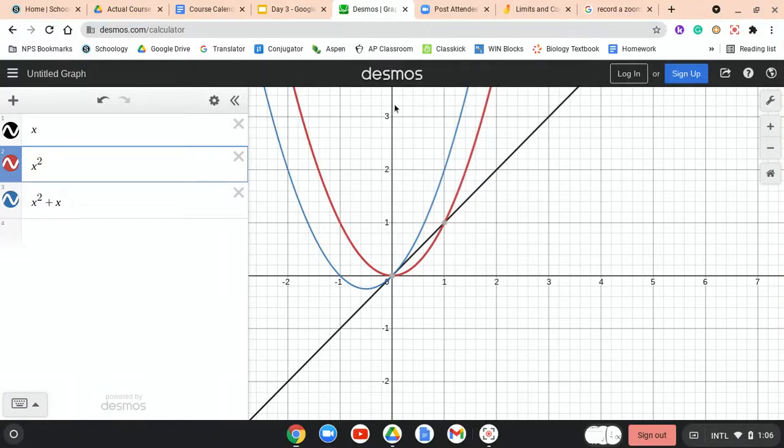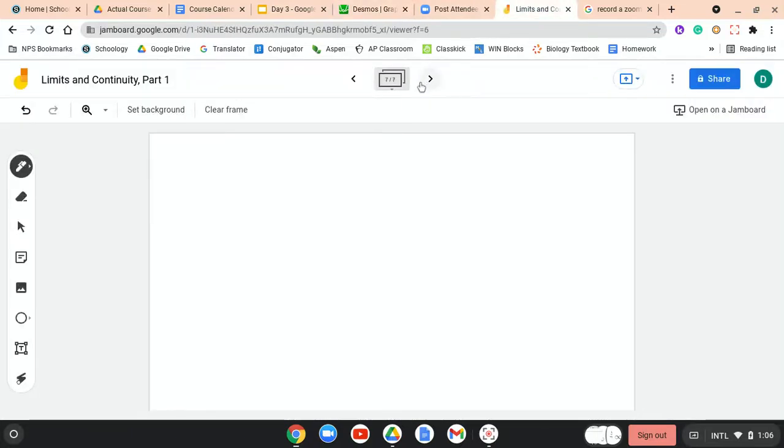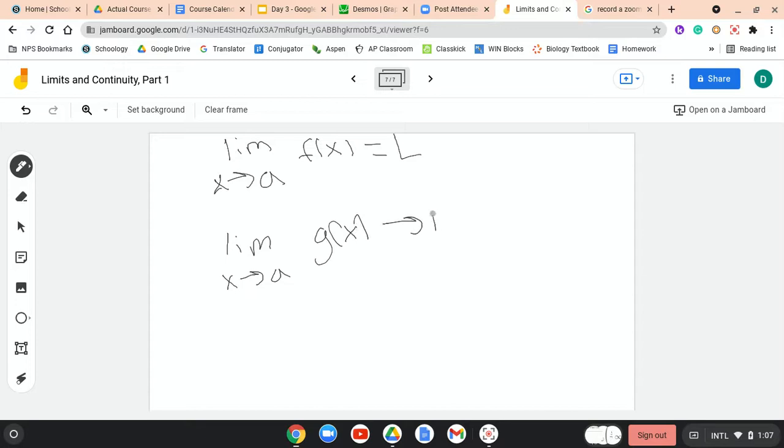The reason this is important with limits is because we can evaluate limits for functions that are the sum of two other functions if we just know the limits of the individual functions. So for example, let's say we knew that the limit as x approaches some number a of f of x was equal to some real number L. And then we also knew that the limit as x approaches the same input a of g of x is some other number M. This means that the graph of each individual function tends towards a certain value at x equals a.